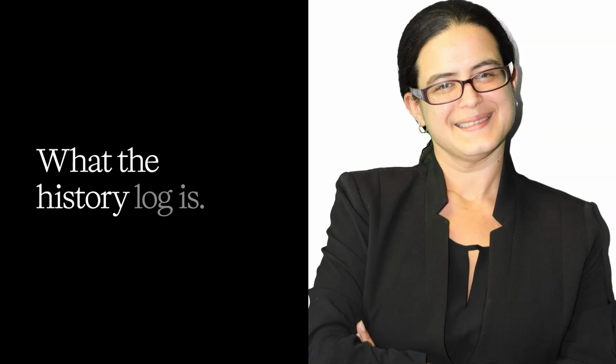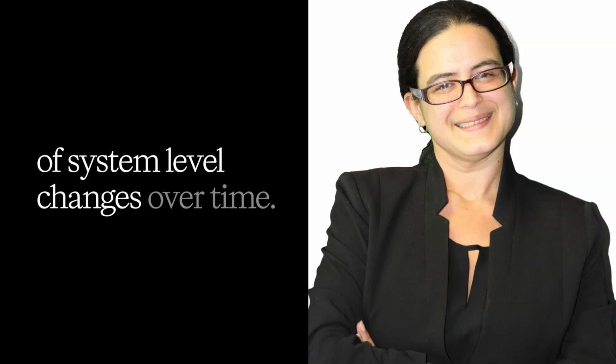So what the history log is and is not. Let's define this clearly because simplicity is always the point. What the history log is: the history log is a living record of system-level changes over time. So what does the history log exactly capture?